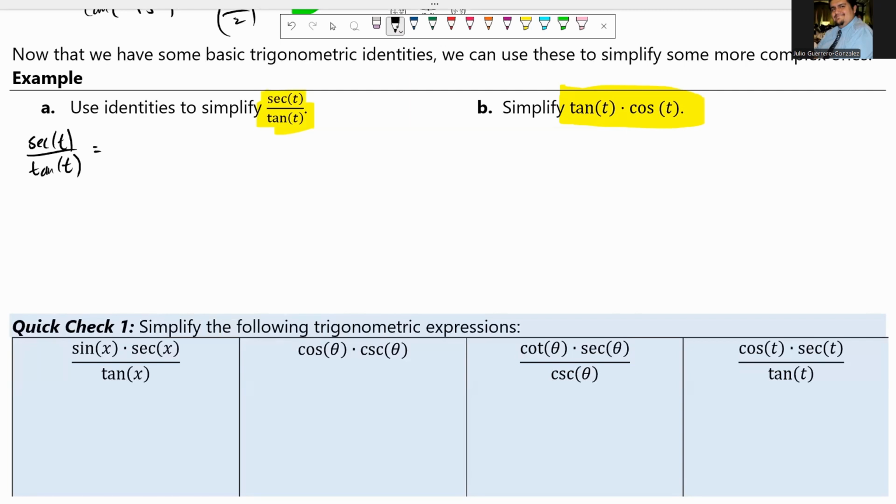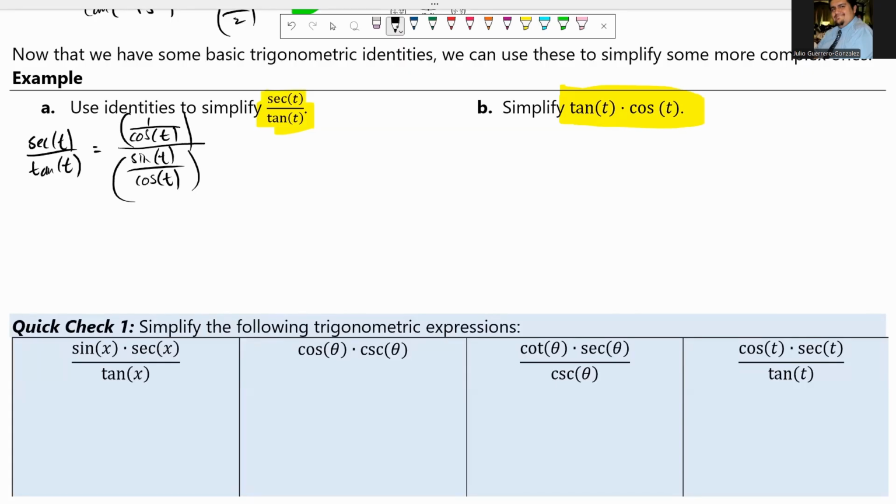Secant from above is 1 over cosine, divided by tangent, which is sine over cosine. If you remember, the basic two of our trig functions are sine and cosine.